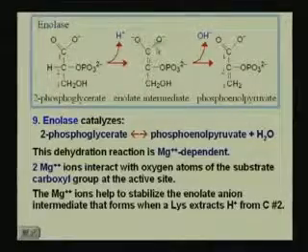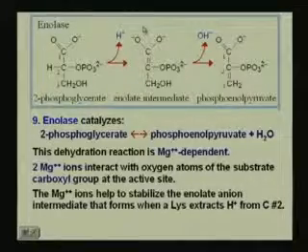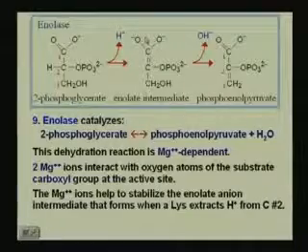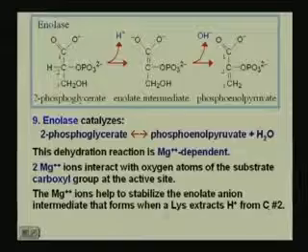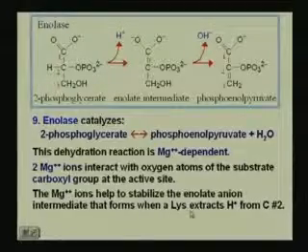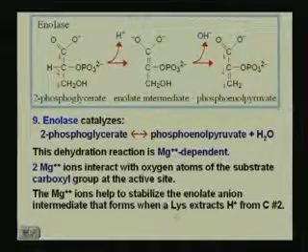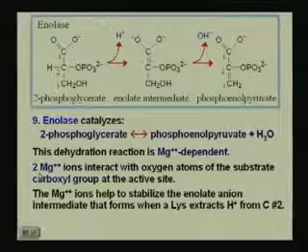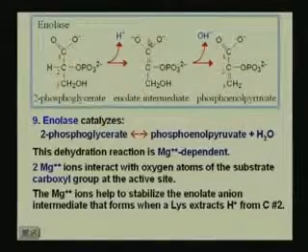So we have 2 O minuses here, right? So what happens is the magnesium ions stabilize this enolate ion, and then we have an extraction of the hydrogen from carbon number 2 when a lysine actually helps in doing that. Okay, so the active site in this case would be the presence of the lysine and the presence of 2 magnesium ions that would help stabilize the enolate intermediate.